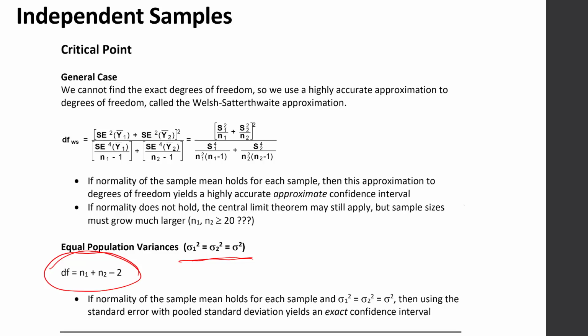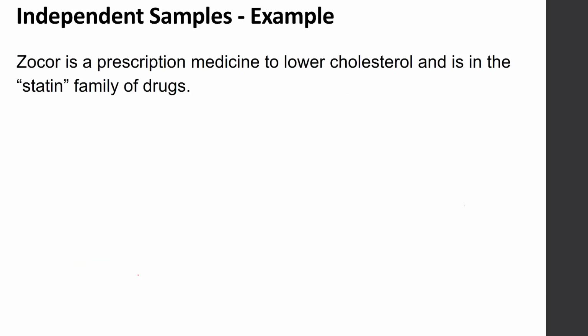And if normality of the sample mean holds for each sample and your variances are equal, then using this standard error with the pooled standard deviation yields an exact confidence interval. Okay, so again, we're going to let R calculate things for us. That was just a review from what you've learned in your last stats course. So we're going to jump right into an example.